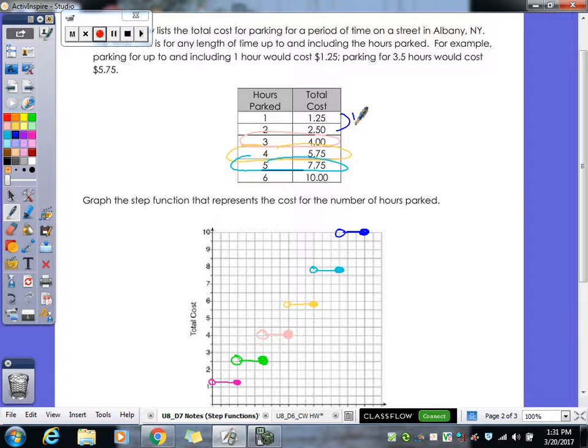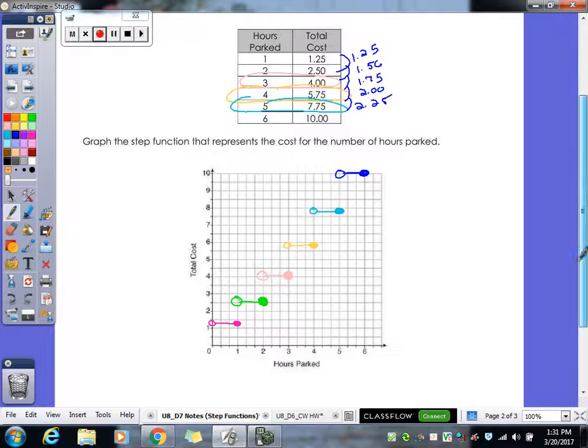If I subtract that, that's $1.25. $2.50 to $4 is $1.50, and then $1.75, and then $2, $2.25. Okay, so it's going up per hour 25 cents. So the price per hour is increasing the longer that you stay.